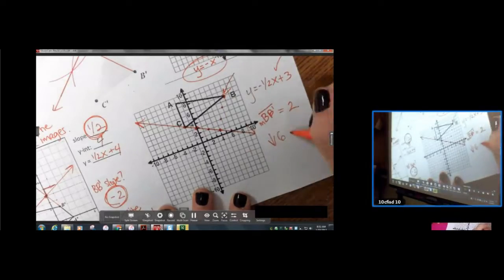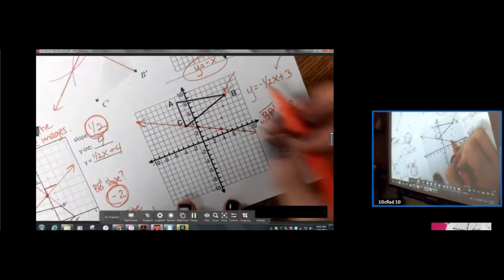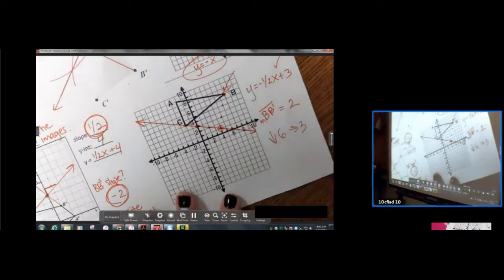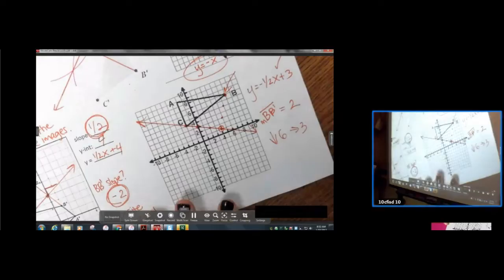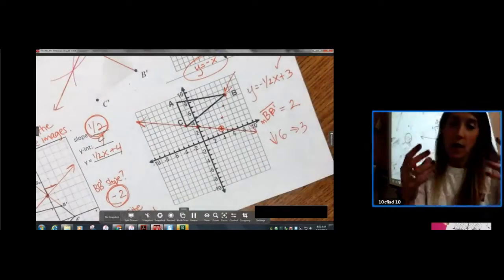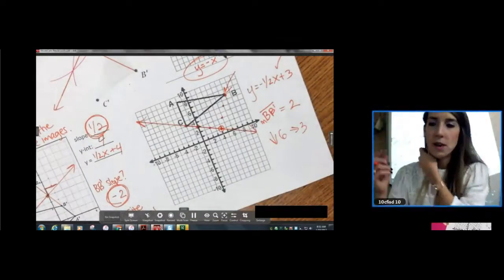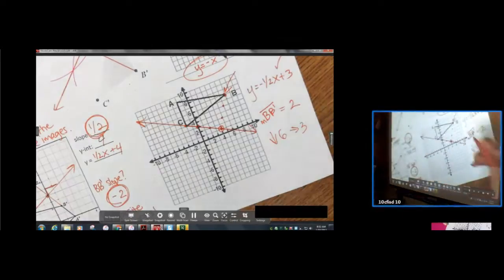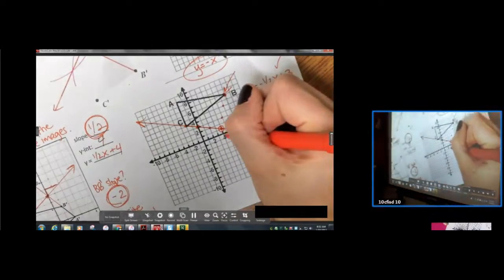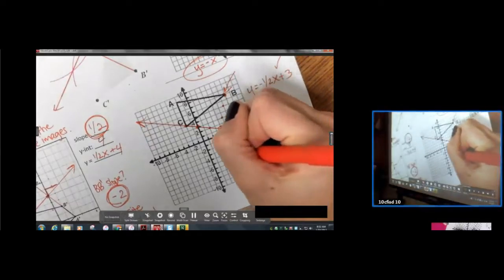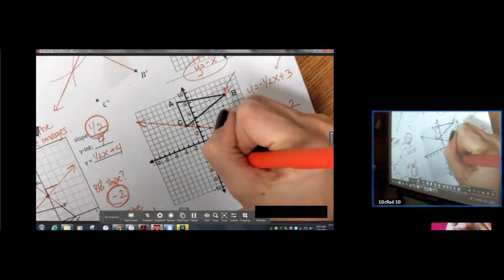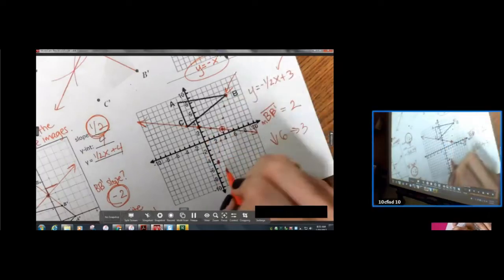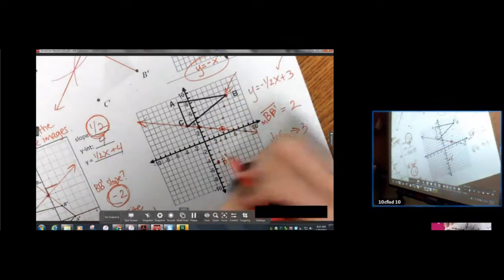We went down 6 and over 3, but the other way. So we're going to start from where we left off. You can either travel with a slope of 2 three times, or you can go down 6 and left 3. That's up to you. Down 2 over 1, down 2 over 1, down 2 over 1. No matter how you get there, when you're done, that is B prime.